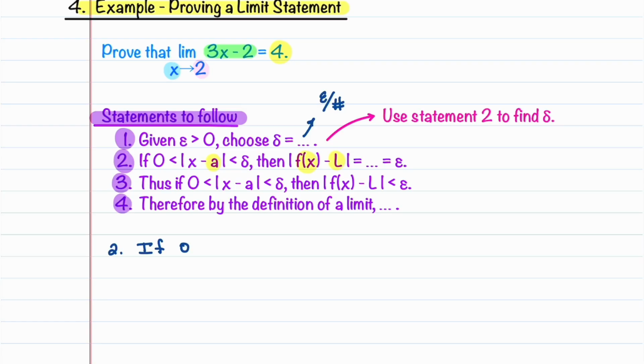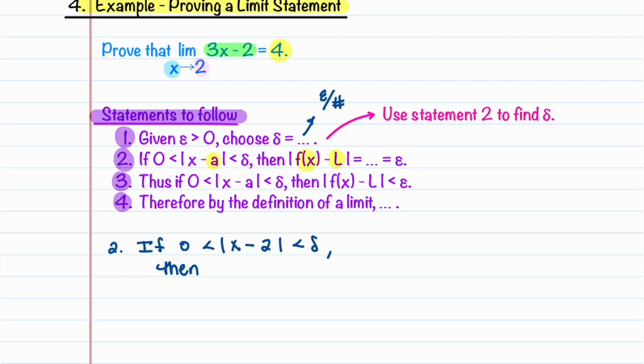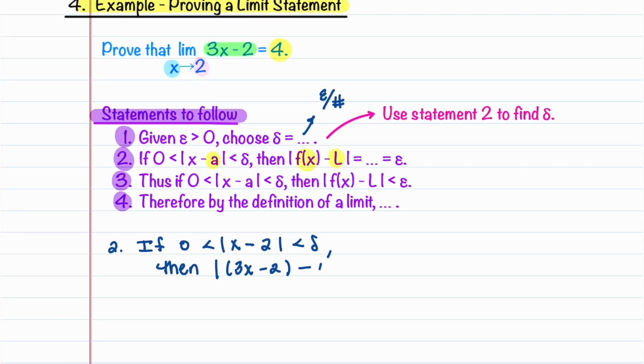If 0 is less than the absolute value of x minus a, and in our example, x is going to 2, so we're going to put a 2 in here, is less than delta, then we have the absolute value of f of x, which is 3x minus 2 in our example, minus L, which is 4. And we have to find out what this is, so let's simplify.